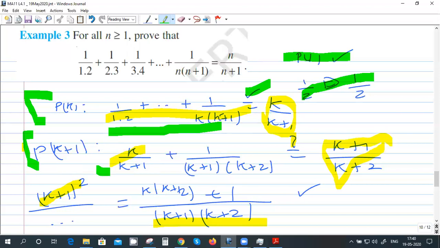I'm not writing it again. This is the first k terms, right? I'm using this right hand side. And then the k plus 1 term is this one. Yes, sir.